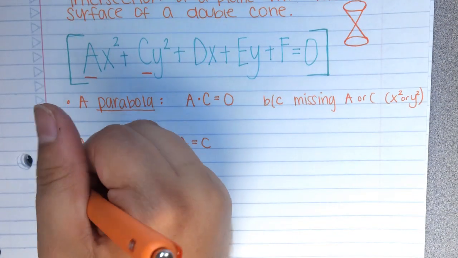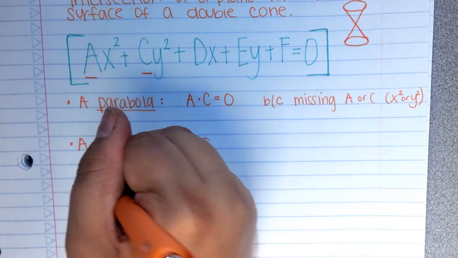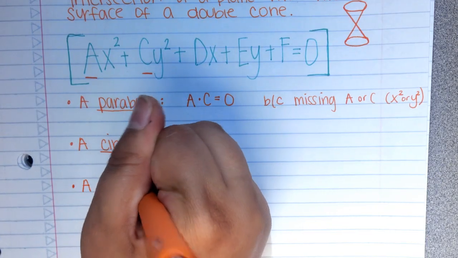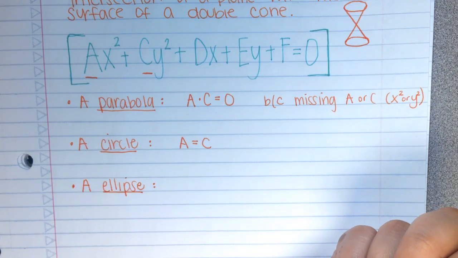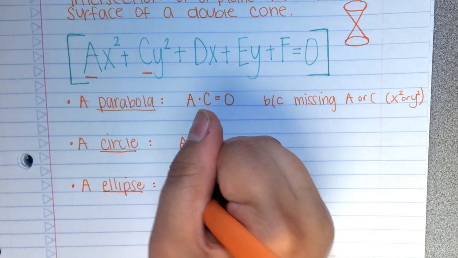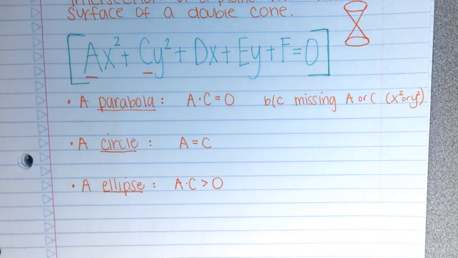An ellipse. What is not in an ellipse? The letter C. An ellipse has a positive x squared and y squared, so A times C will be greater than 0. However, do you agree if I have 2x squared plus 2y squared, 2 times 2 is 4?